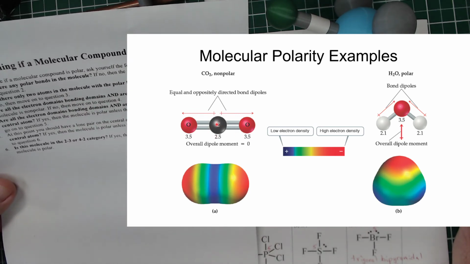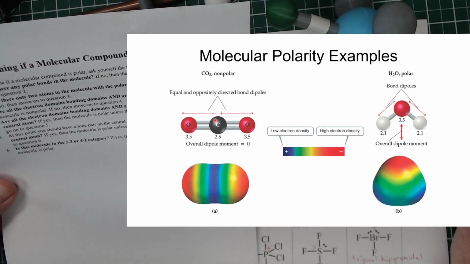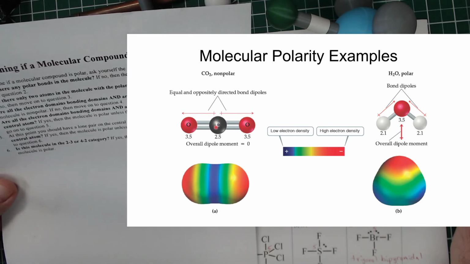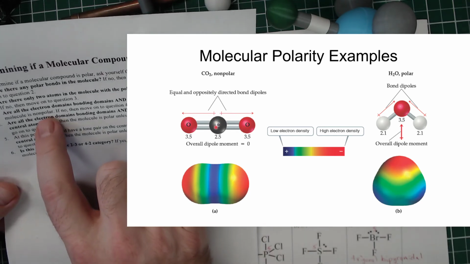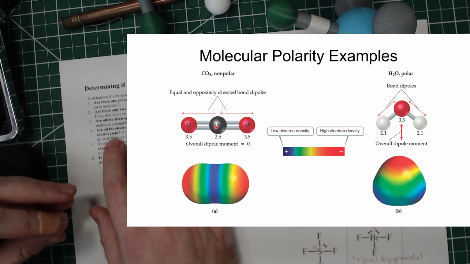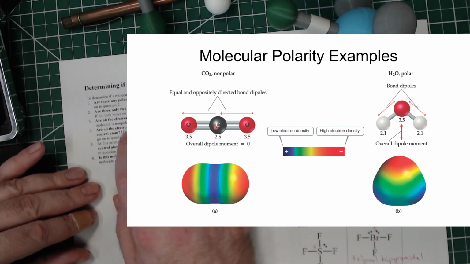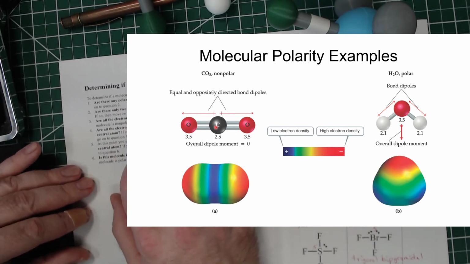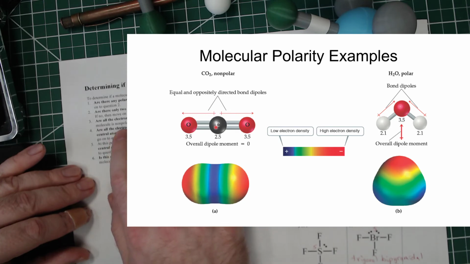There's no lone pairs on that central atom. As a consequence, we'll find that this molecule is nonpolar. So again, this is number 3. I encourage you to print out that page so that you can look at that while you're going through it. If no, then we'll move on to question 4.